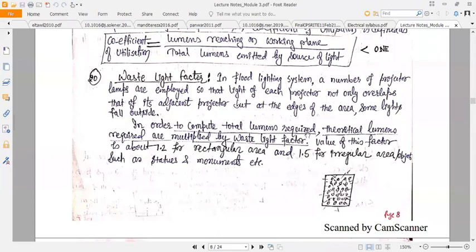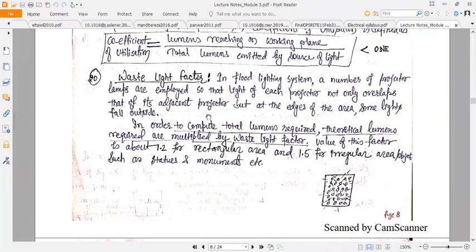In order to compute the total lumens required, the theoretical lumens required are multiplied by this waste light factor. How many lumens are required at the working plane so that we can clearly see the object? If our target is that 100 lumens should reach the working plane, and the waste light factor is, suppose, 10% or 15%, then while selecting this flood light we have to check that it accounts for this waste light factor. That much will reach our working plane, and the rest will be wastage absorbed in the atmosphere.